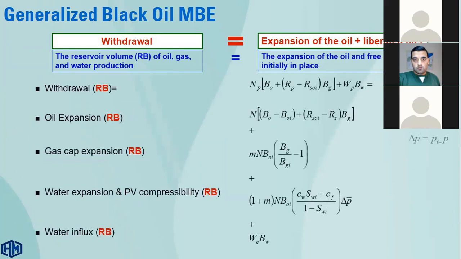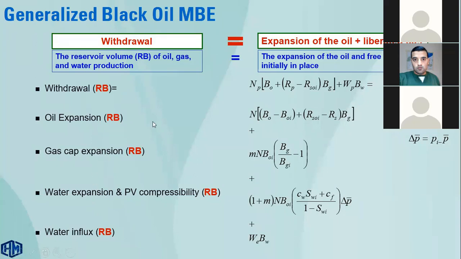Simply, the general material balance equation states that the withdrawal or production equals the expansion of oil and solution liberated gas, or in other words, the reservoir volume of oil, water, and gas production will equal the expansion of oil and free gas initially in place.